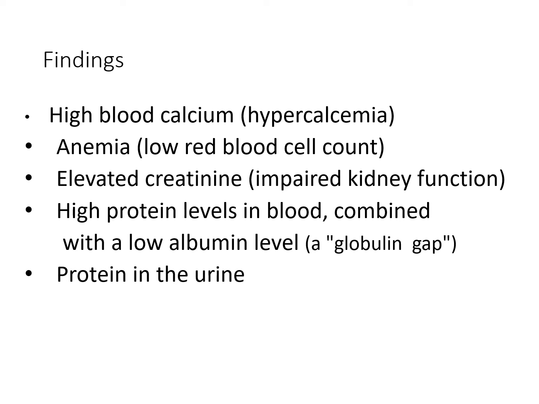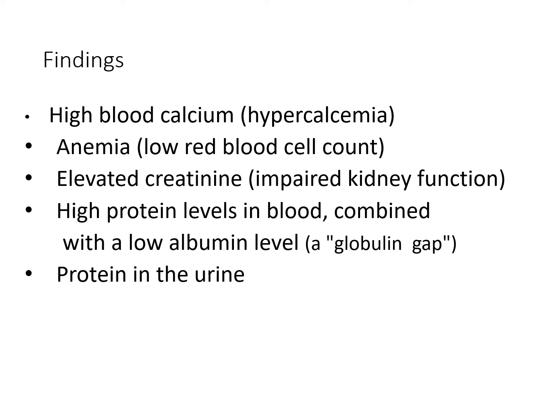So for multiple myeloma, they're expecting a certain amount of albumin in the serum, and it's the larger component in terms of the amount of protein. So albumin tends to be on the higher end. But in this particular condition, they have what is known as a globulin gap. They have high protein levels, but low albumin levels.